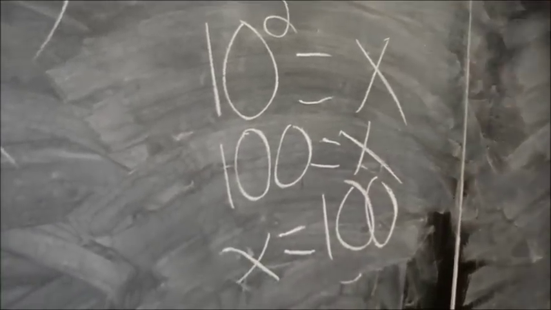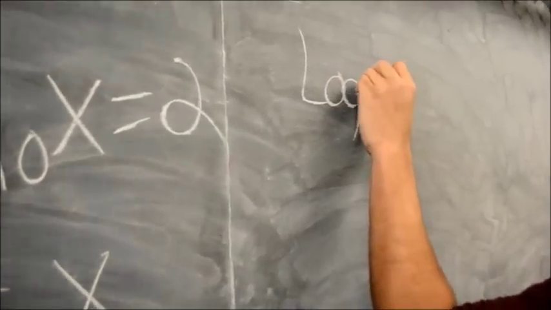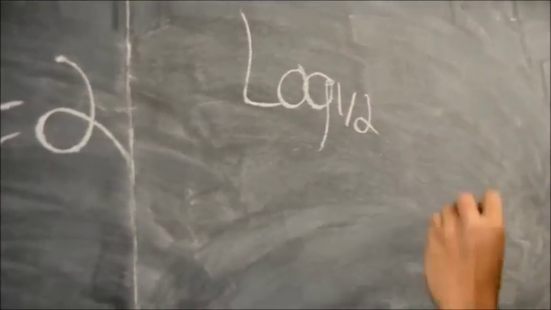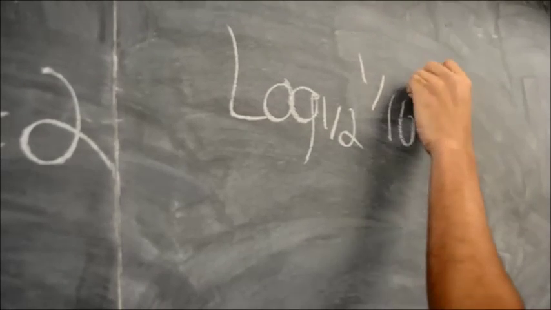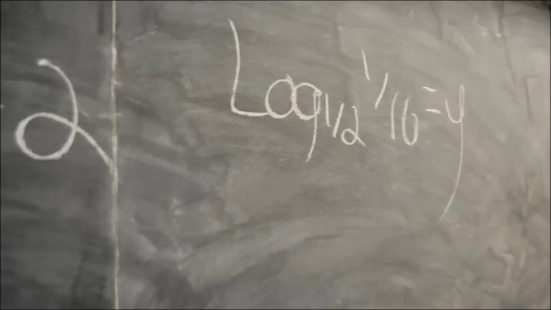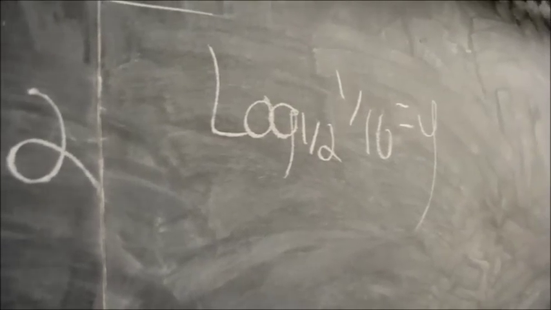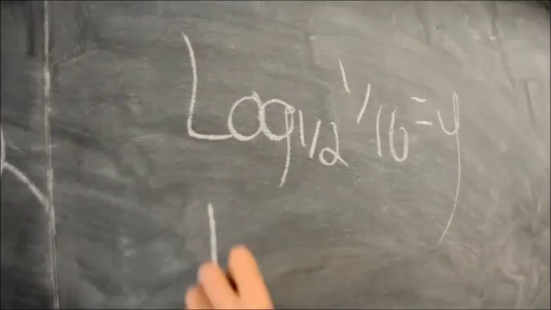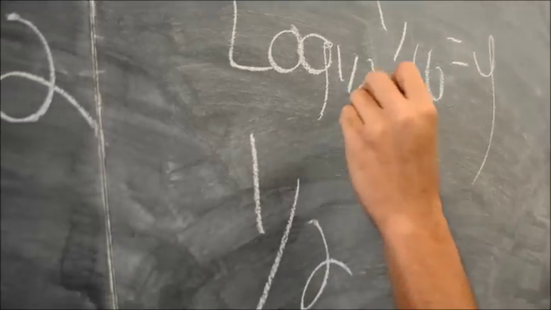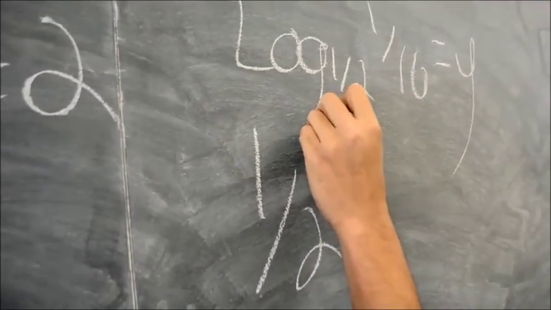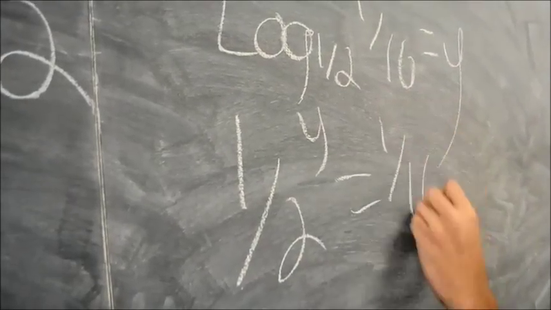Next we have log base 1/2 of 1/16 equals y. So here we're trying to find y. So we know if we convert to exponential form again, it will be 1/2 to the power of y equals 1/16.